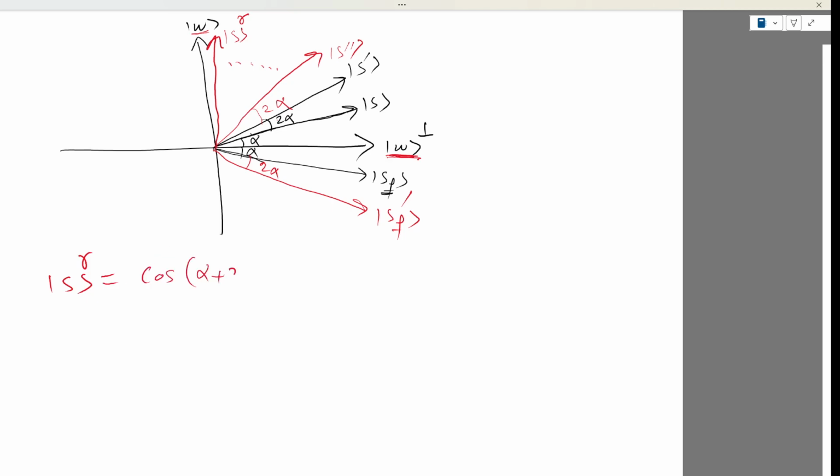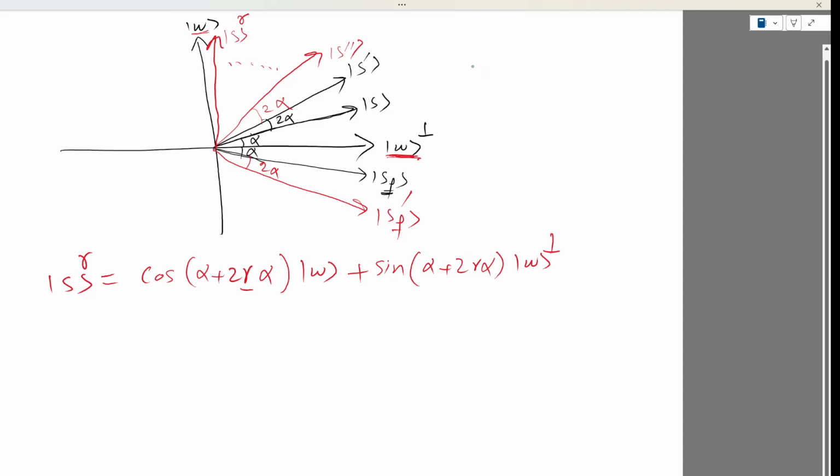cosine alpha plus 2R alpha W plus sine alpha plus 2R alpha W perpendicular. And we have to choose this R very judiciously, and we can easily do that.